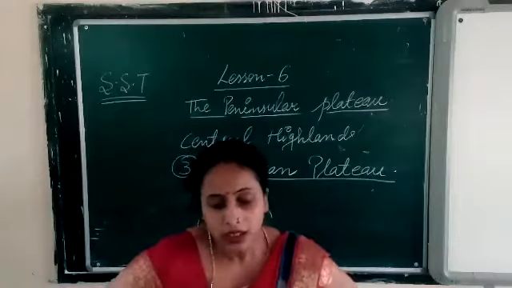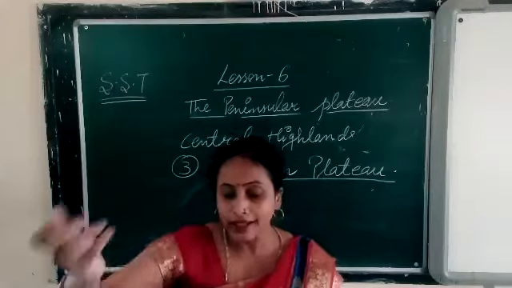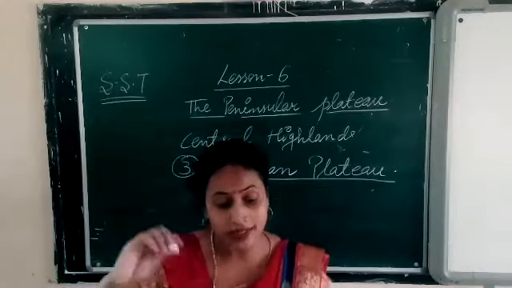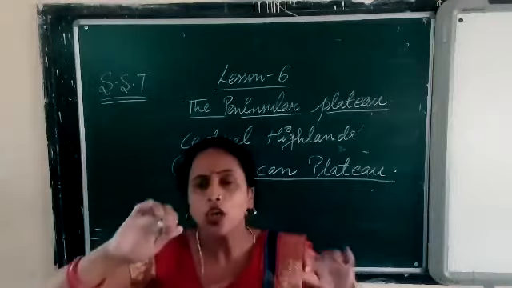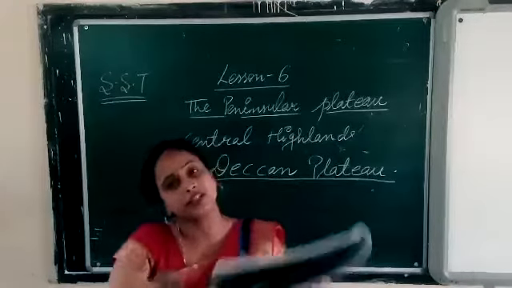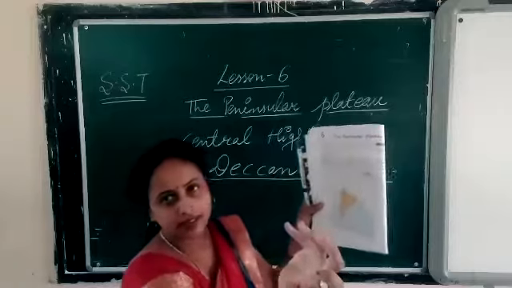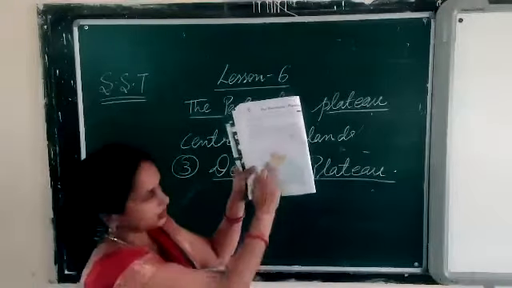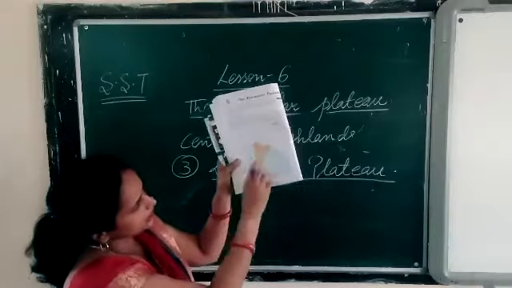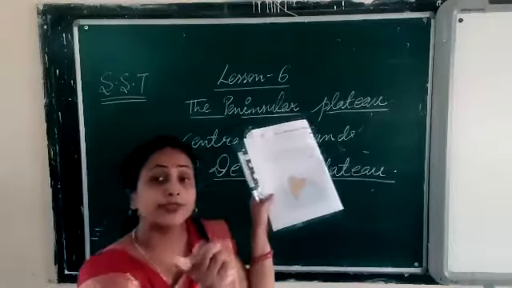Now, it is bounded by the Western Ghats in the west and the Eastern Ghats in the east. Where are the Western Ghats and the Eastern Ghats? Just see here. This one is the Western Ghats. Are you able to see in the map?